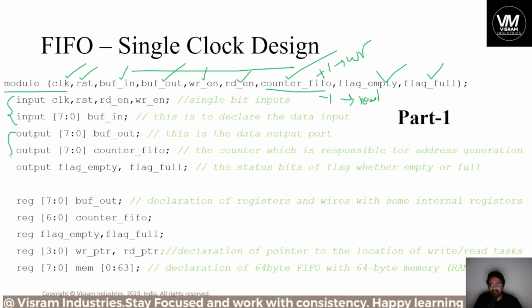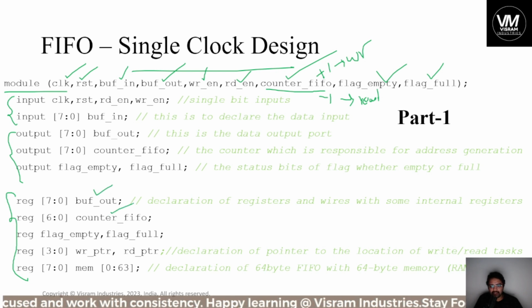You have to declare outputs as well. Whatever you declare as inputs can be wires, but here you have to declare registers: buff out, counter FIFO, flag empty and flag full, and also write pointer and read pointer.